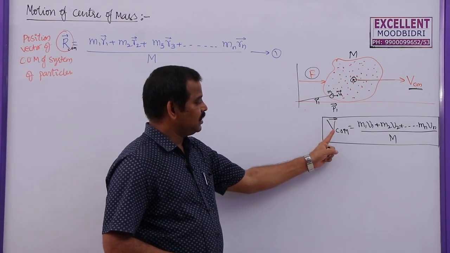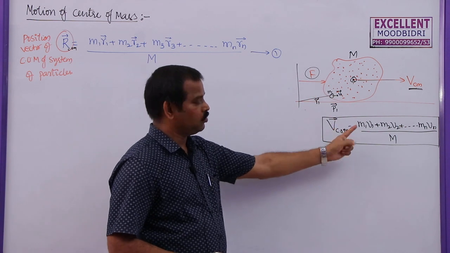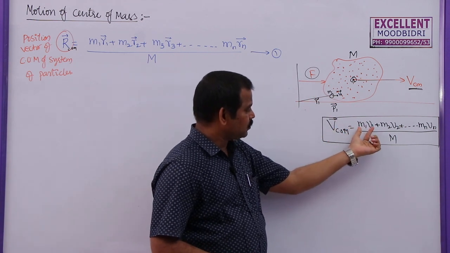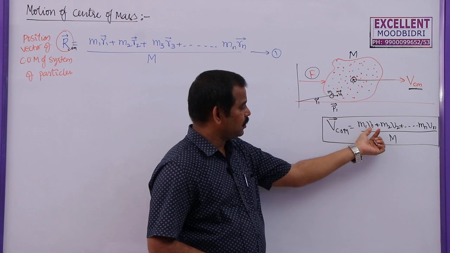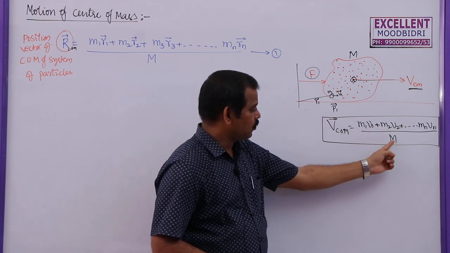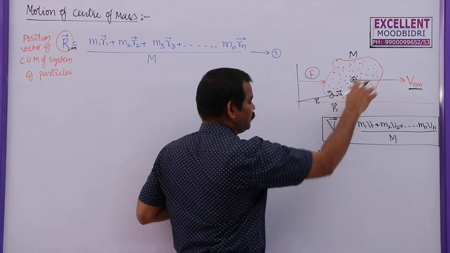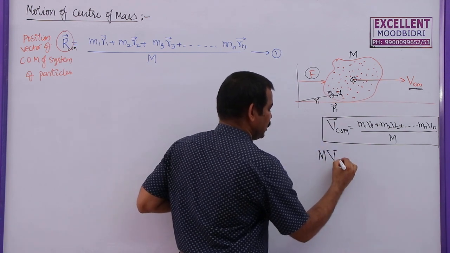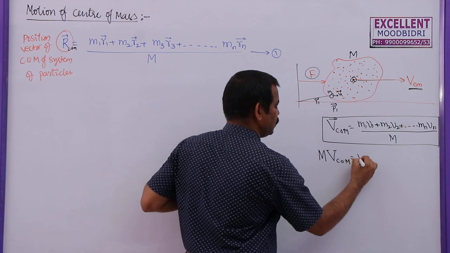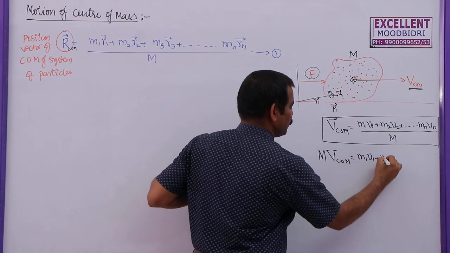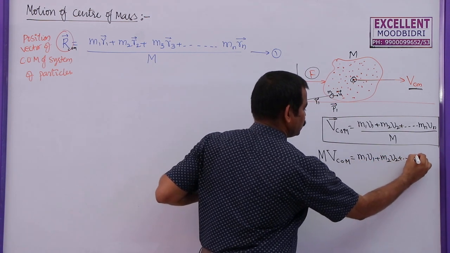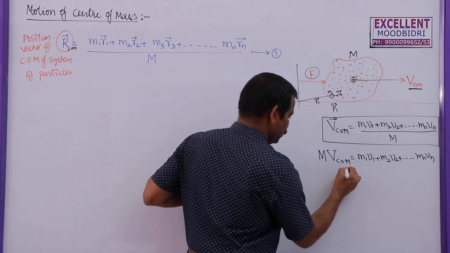Now cross multiply this one, what are you going to get? Total mass of this body times the velocity of center of mass of the body is equal to m1 v1 plus m2 v2 and so on, mn vn.